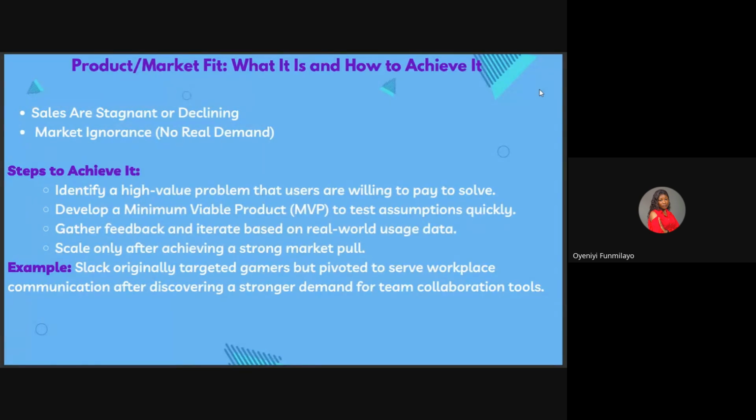And then they conducted research again with other people. Are you also facing this problem? Then when they were able to gather all of this insight and knew that, okay, this workplace difficulty, this lack of team collaboration, is something users are facing more as a problem than game.